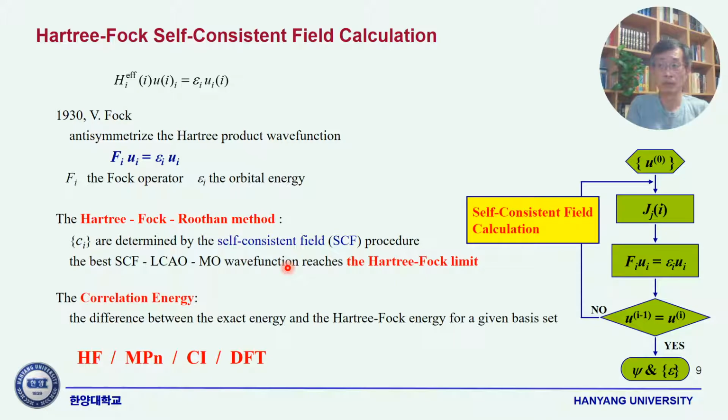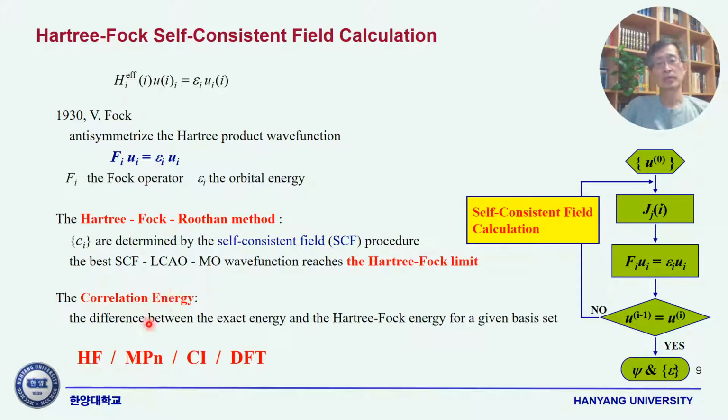No matter how you do it, you utilize all kinds of possible ways to make a flexible trial function and increase the number of basis functions, but eventually you may not be able to lower the energy. Then you have reached the Hartree-Fock limit. That's the best result you can obtain by this variational principle, or by this Hartree-Fock procedure.